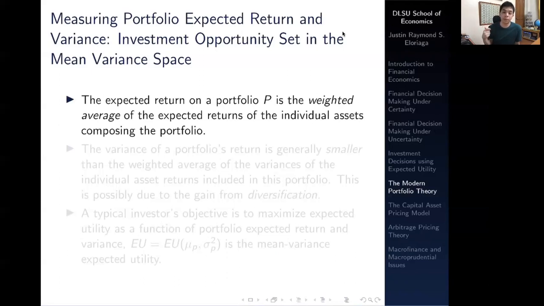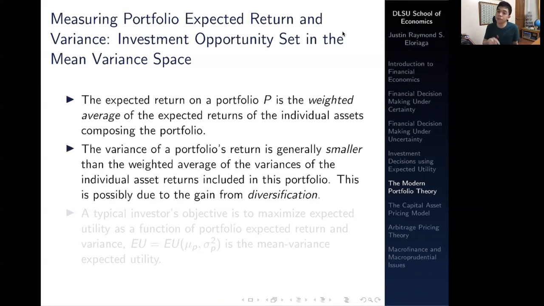When we say weight, we mean the amount it corresponds to as a proportion of the whole investable wealth. So you might have a larger weight in riskier assets than in risk-free assets, or a larger weight on stocks compared to, say, mutual funds and other things. Those are the weights that you have there. And the expected return is the weighted average of the returns of each of those asset classes. Second, the variance of the portfolio's return is generally smaller than the weighted average of the variances of the individual assets' returns included in the portfolio.